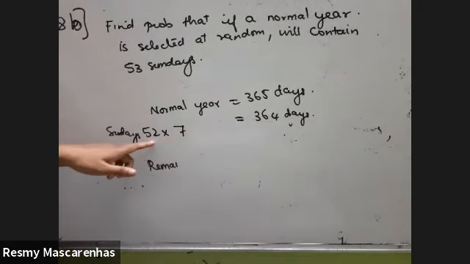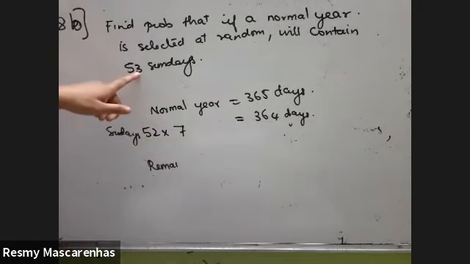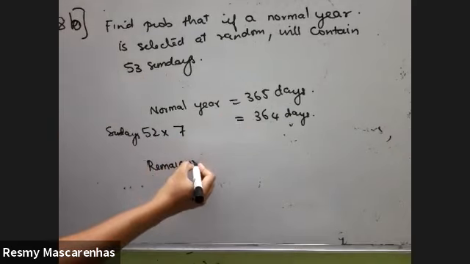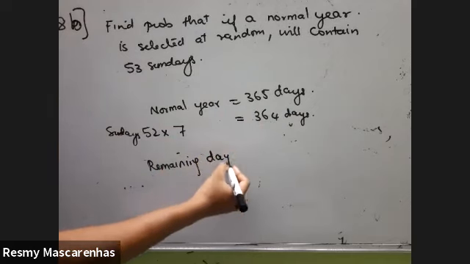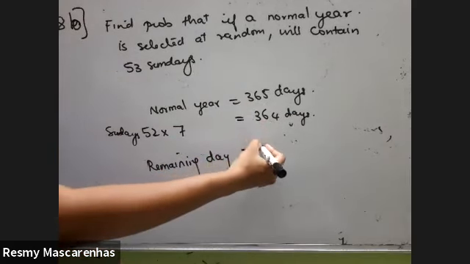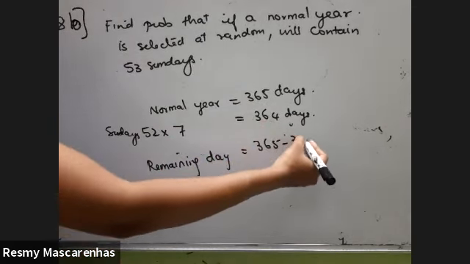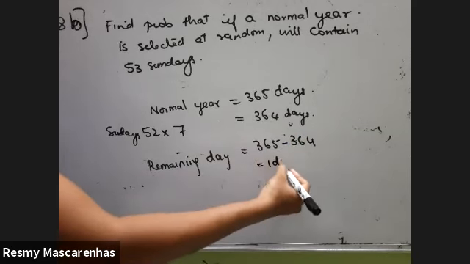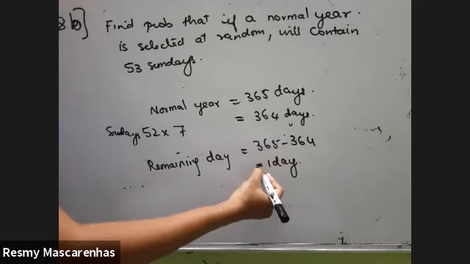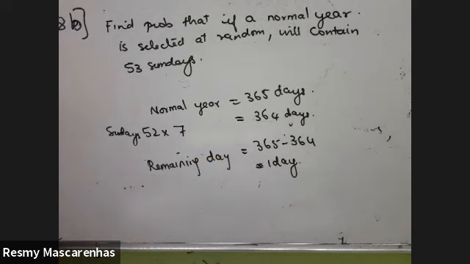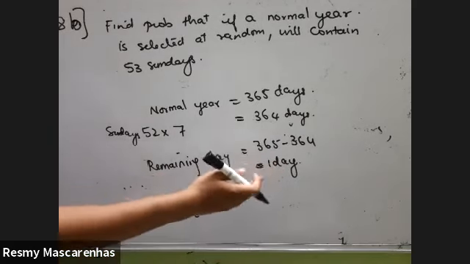So out of this 52 are fixed. But we are looking for that one extra Sunday other than 52. Only one day will be left now. 31st December will have one day left out of the normal days. So that last day could be, now there will be no 2-2 combination.